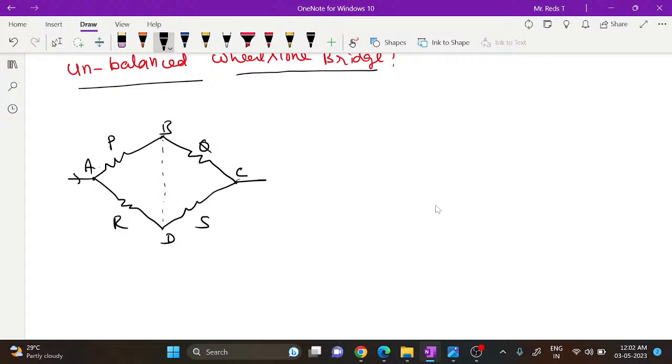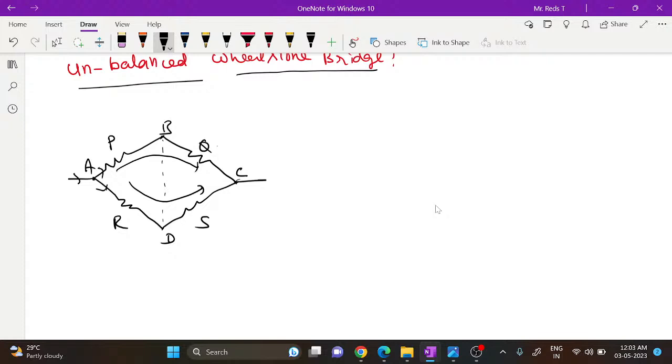Whatever current comes here divides. This current flows like this, and this current flows like this. So P and Q are in series, and R and S are in series. Those P plus Q and R plus S will be in parallel, and hence this gives the resultant. Now what you can understand from this is how to find in which direction the current flows in the unbalanced case.